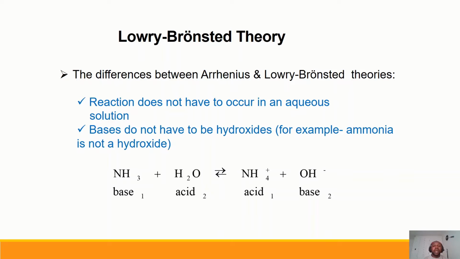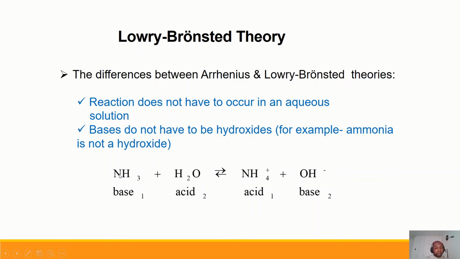So bases do not have to be hydroxide. For Arrhenius, it's saying that they have to be hydroxide, but for Lowry-Bronsted, it's saying no, they don't have to have OH in their formula. For example, ammonia. Ammonia does not contain OH. But from here you can see that ammonia is acting as a base, because here water is donating hydrogen to it.